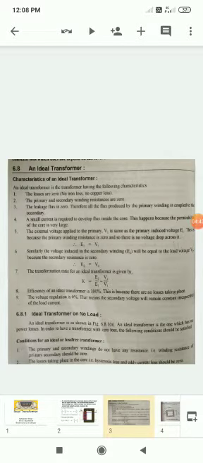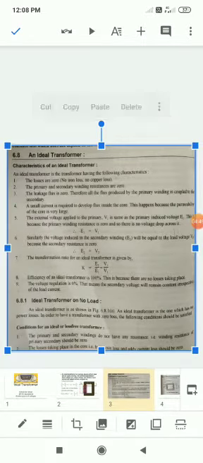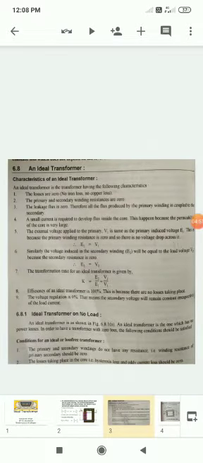That's why we make the assumption that in the wire we use in the primary and secondary windings, the resistance is zero. But in practical life this is not possible. So this is an assumption. Secondly, leakage flux is zero. This is another characteristic of an ideal transformer that we assume.